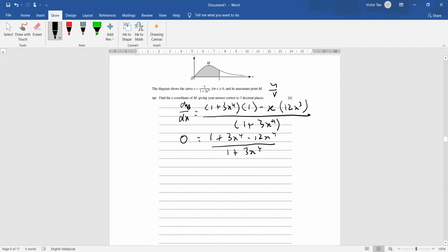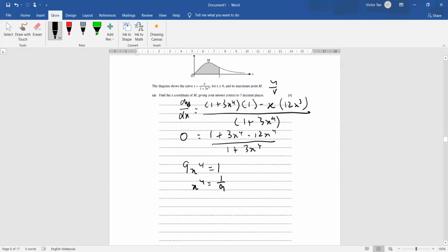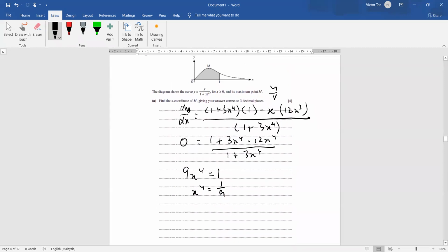So 3 minus 12 is 9. So 9x to the power 4 equals 1. So there's a positive and negative value. Since M is positive, the x coordinate is positive for M.